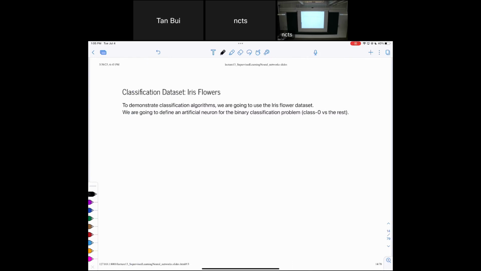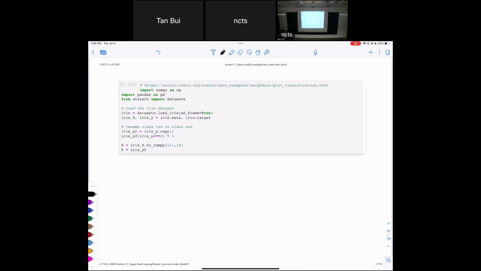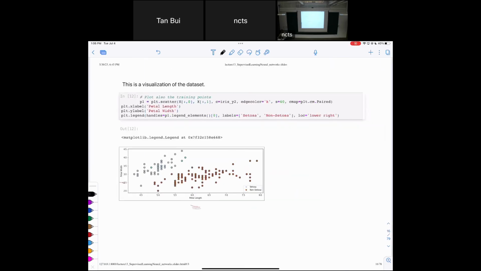I'm not going to go through this, but I provide Python code here for you to try, using scikit-learn. This is iris flower classification. There are two types of flowers, and the question is, can you classify these two?